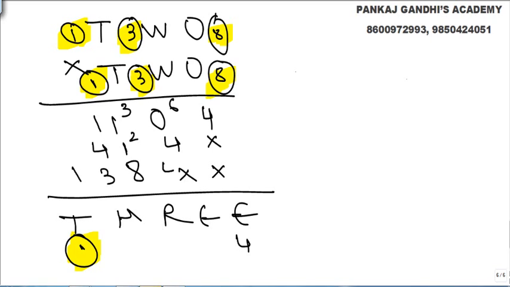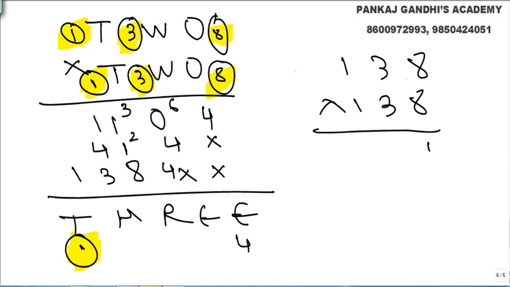Here we have 4 plus 4. Let's quickly check it here. 138 into 138. 8 8s are 64, 4, 6 remaining. 3 8s are 24, 2 remaining, 9 and 2, 11, 1 remaining, 3 1s are 3 and 1, 4.